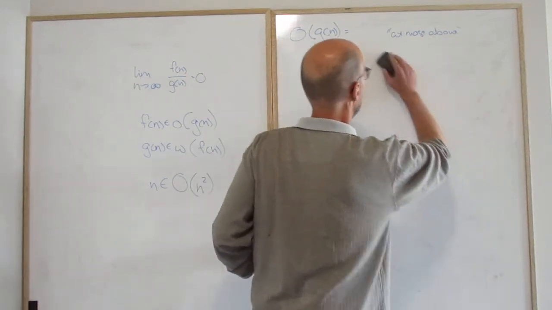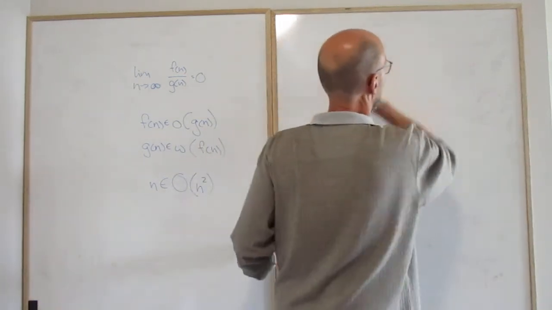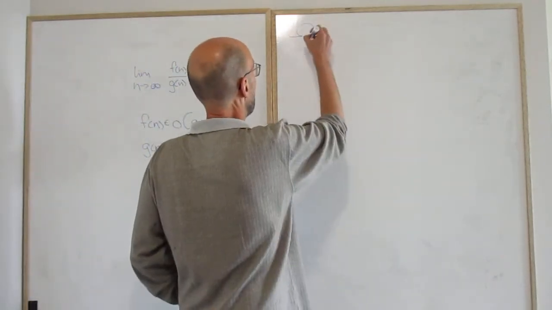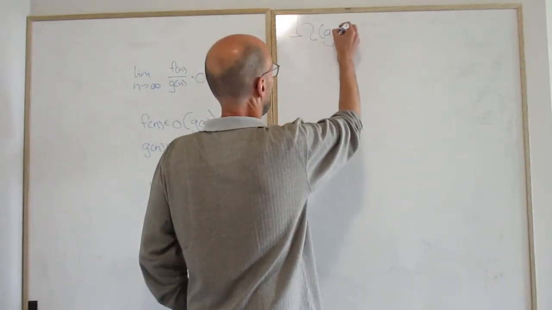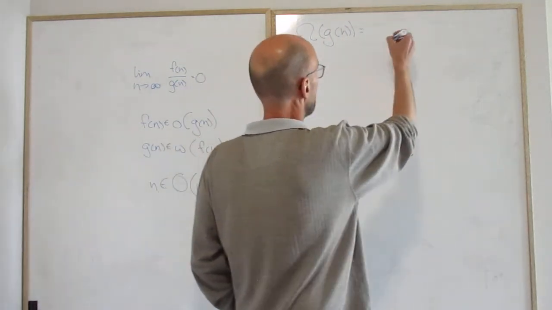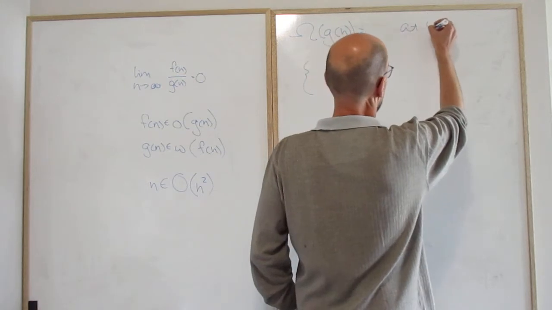Okay, what about big omega? Big omega of g of n, well, this is at least about.